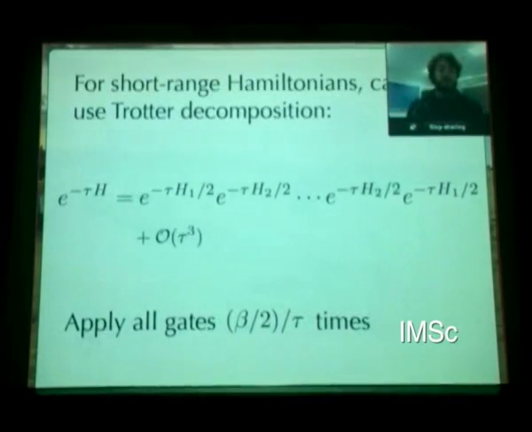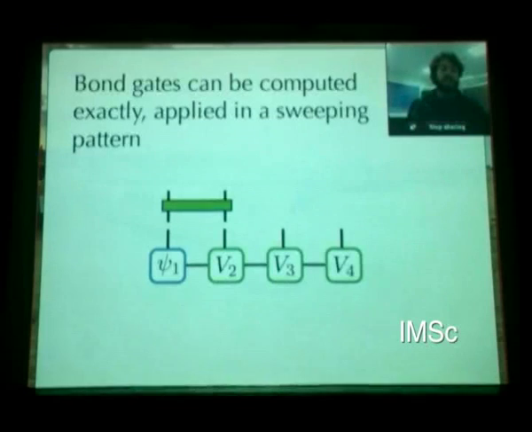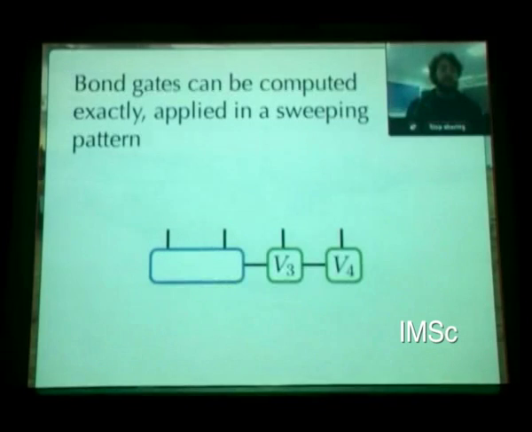So the H1, H2 here are, we imagine there's an H3 all the way up to H n minus 1, nearest neighbor terms, and so our Hamiltonian is actually just a sum of neighbor bonds. We can do the Trotter decomposition, break our Hamiltonian into these gate operators. So that's shown on this slide. And so now we can take these gate operators, and if we take tau small enough, then it's a good approximation, and we can apply them one at a time to our matrix product state.